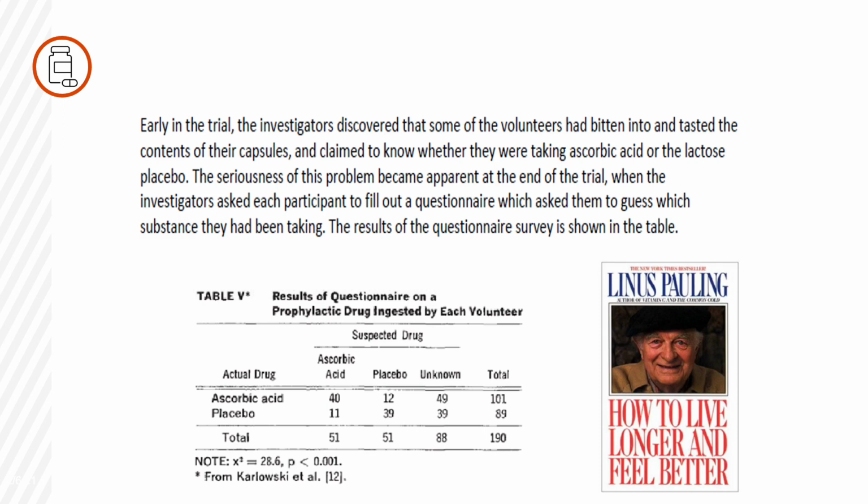The seriousness of this problem became apparent at the end of the trial when the investigators asked each participant to fill out a questionnaire that asked them to guess which substance they had been taking, and the results are shown here in the table. You can see from the table how many in each arm actually guessed the correct answer. And you'll see that there is a statistically significant distribution here.